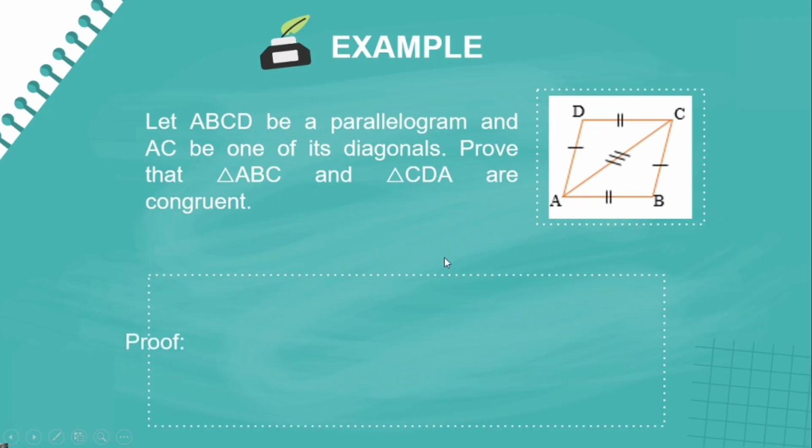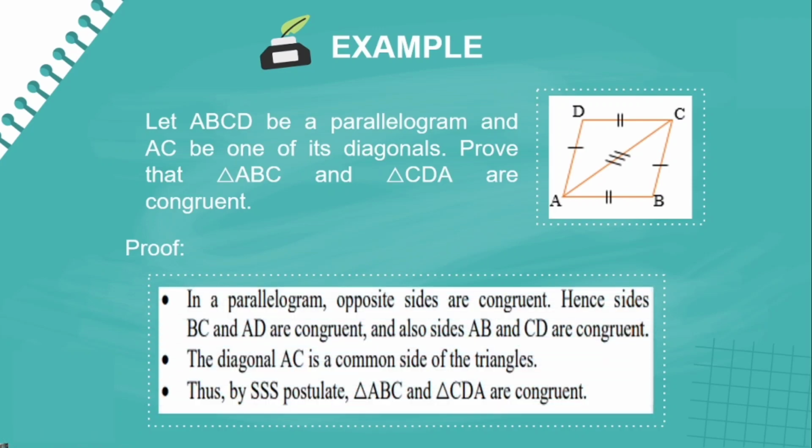So for our proof, in a parallelogram, opposite sides are congruent. Hence, the sides BC and AD are congruent, just like AB and CD.